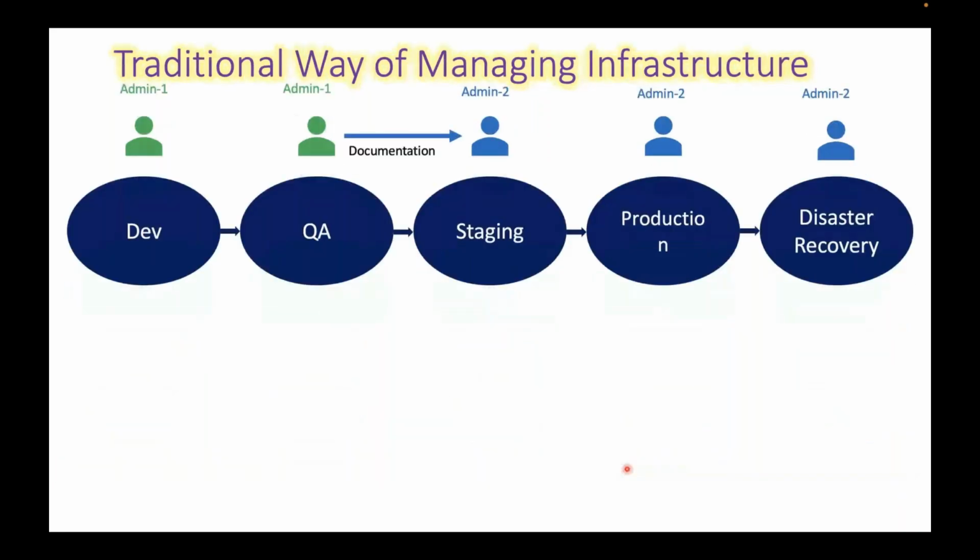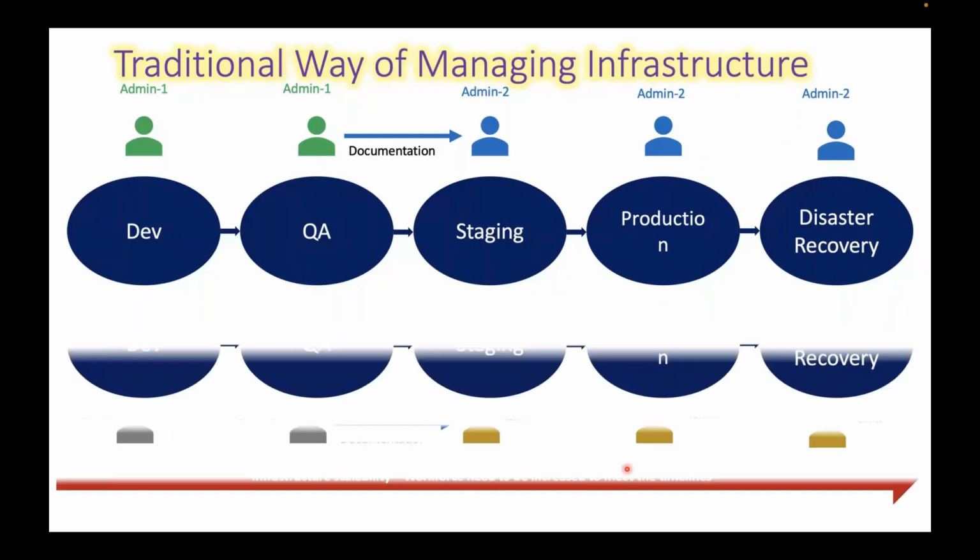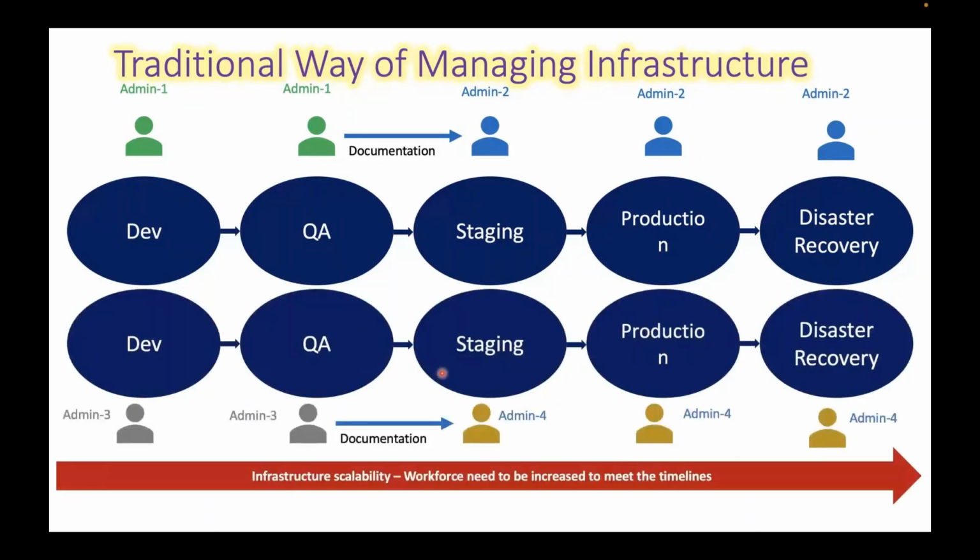And one more thing: suppose we get more tasks, like we have to create another set of resources, say another 50 resources, right? In that case, again we have to include more team members to complete the task within the timeline. That's again a burden for the team, right? So these are the issues in the traditional way.